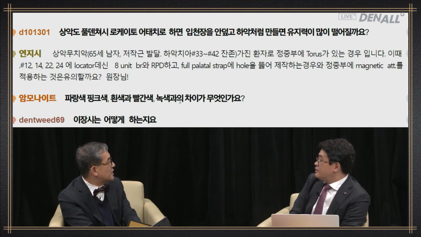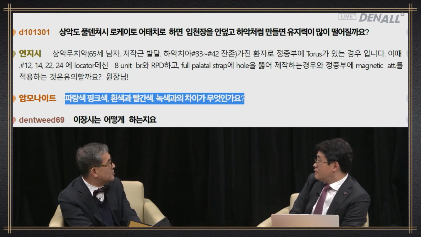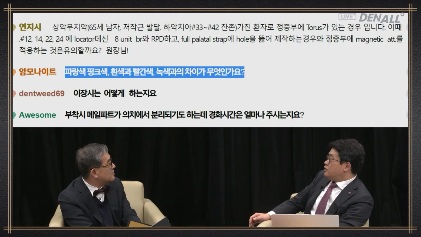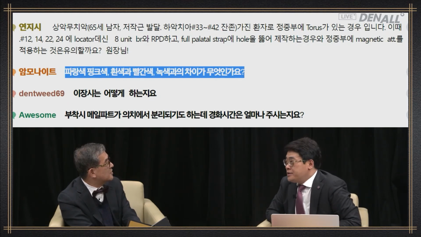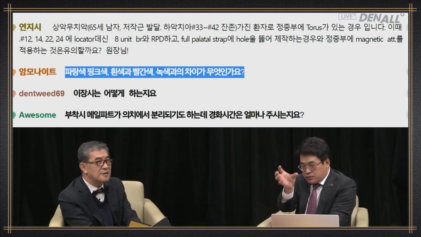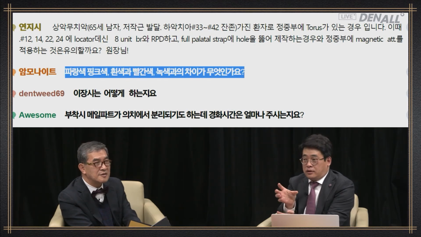ID ammonite. Blue, pink, white, red, green. What is the difference? It is the retentive force. Green and red. In locator, it is angled male. In locator attachment, there's only straight top.